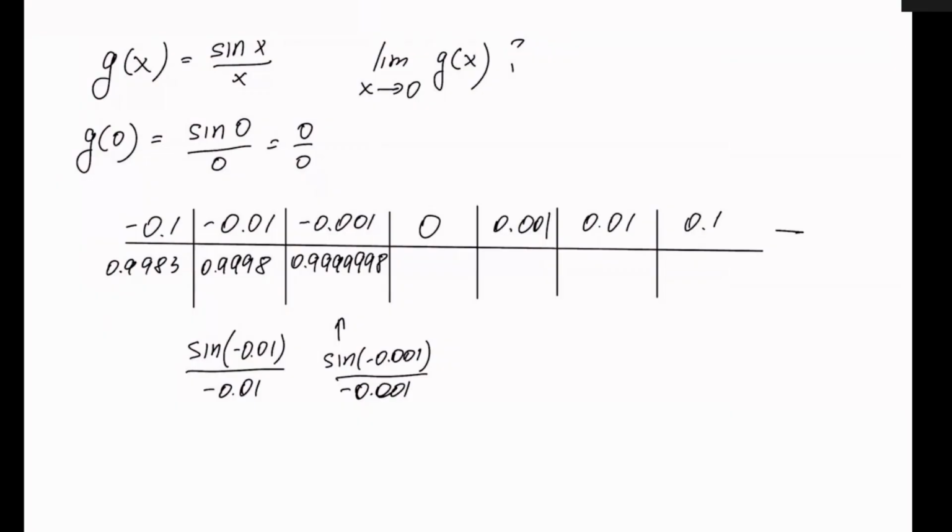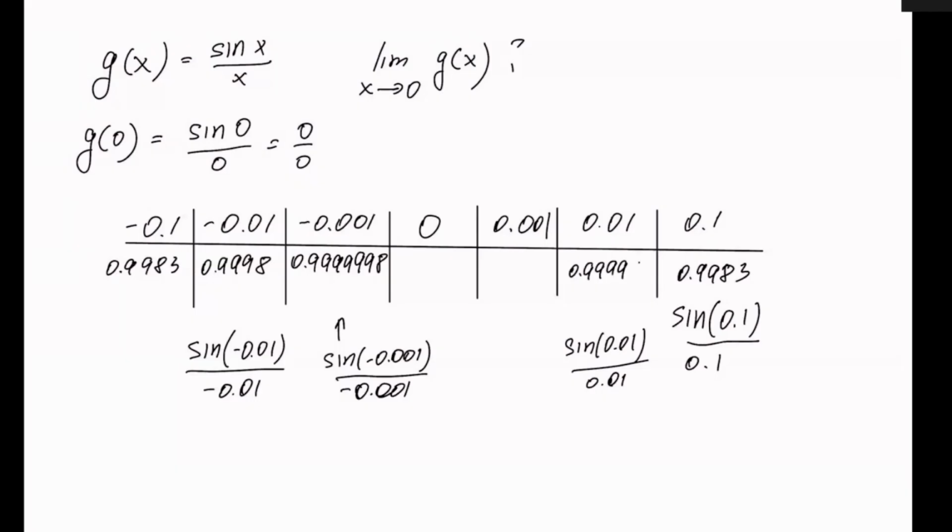Now, what happens when we go from the right side? When we plug in 0.1 into the function, I have sine of 0.1 over 0.1. If I calculate it, it's going to be 0.9983. If I plug in 0.01, I have sine of 0.01 over 0.01. This value is 0.99998.